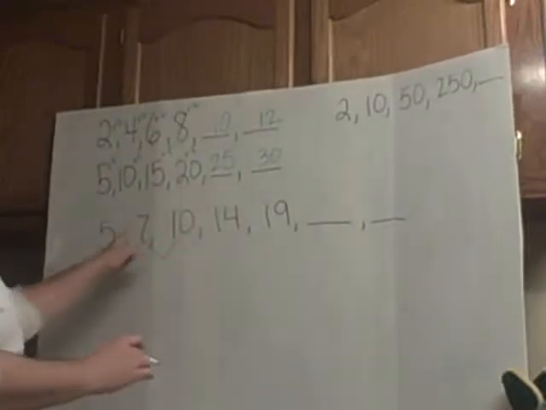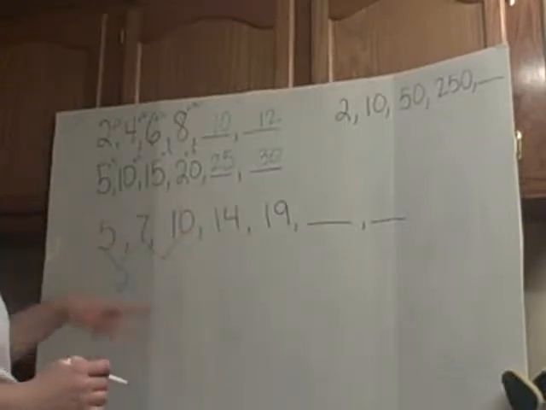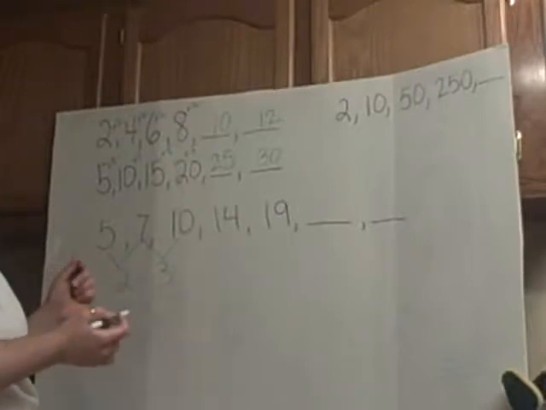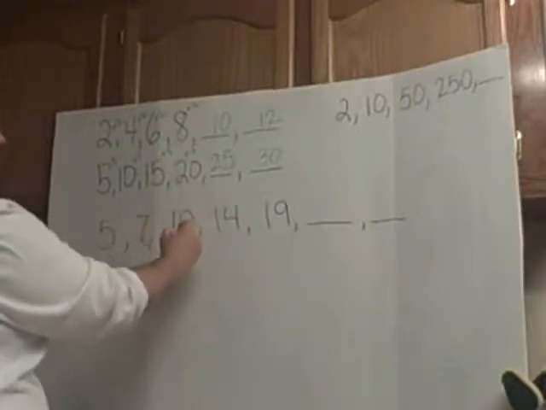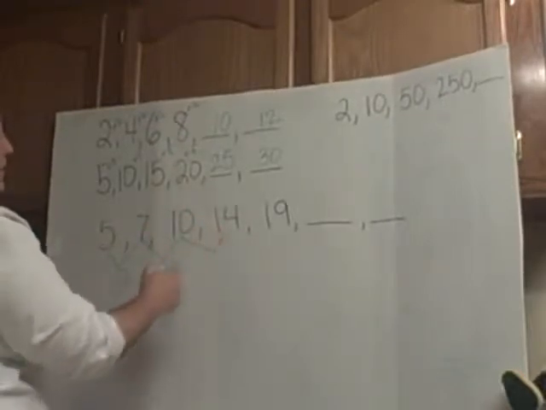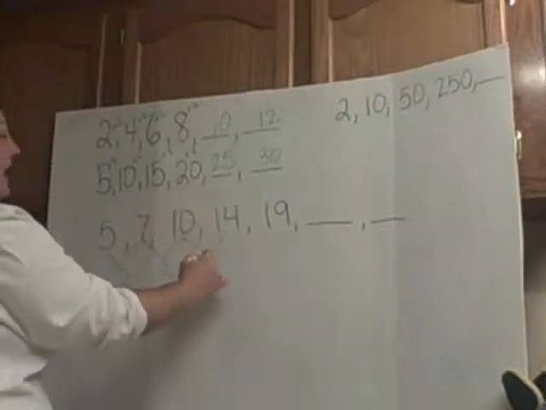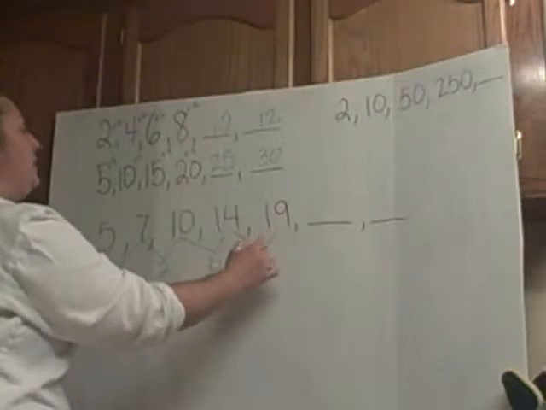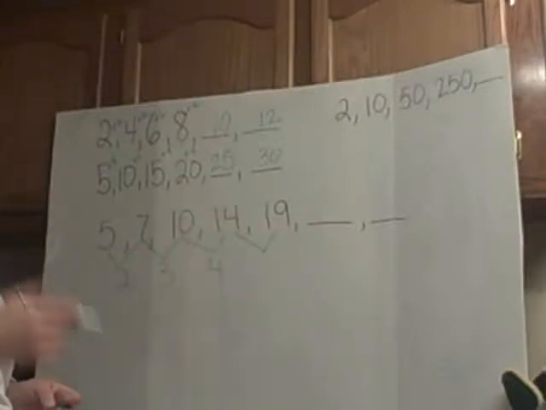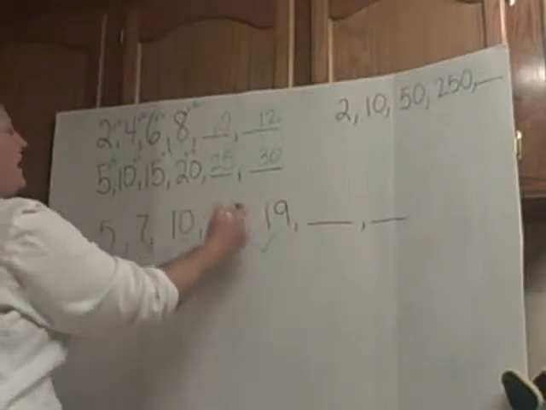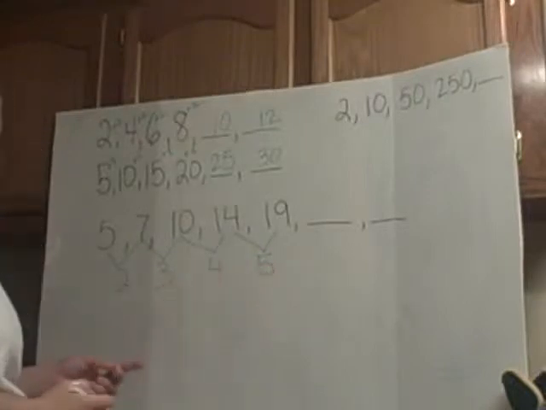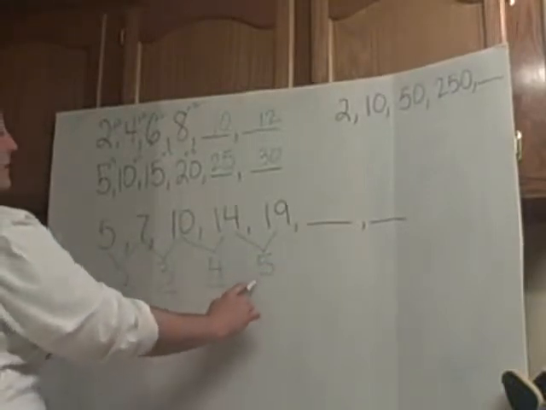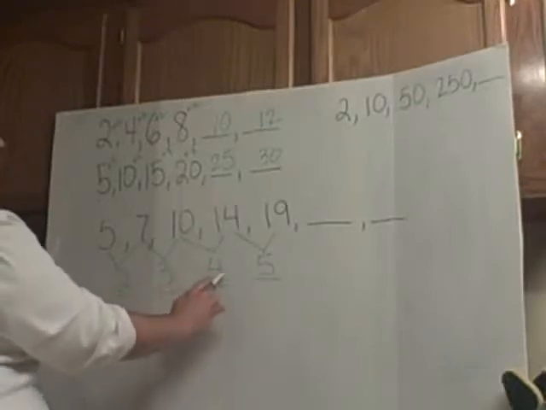Then the difference between the next two numbers, 10 minus 7, is 3. Subtracting 14 and 10, I get 4. Looking at the next two numbers, 19 minus 14 gets 5. And now you're able to identify the pattern: 2, 3, 4, 5.